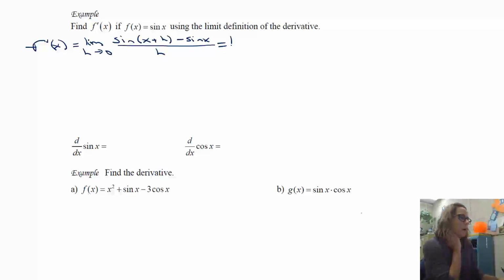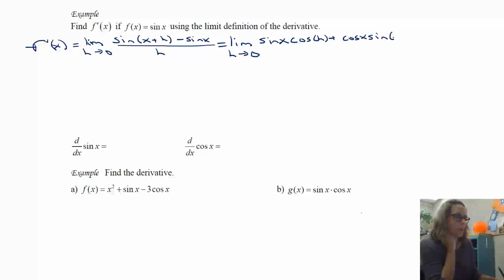Well, I'm going to take you way back to your trig identities, and this is one of the trig identities for sine of alpha plus beta. So you can look that up if you want to remember what the identity is, but it is sine of alpha, which in our case is sine of x, cosine of beta, which in our case is cosine of h, plus cosine of alpha, which is cosine of x, sine of beta, which in our case is sine of h, minus sine x.